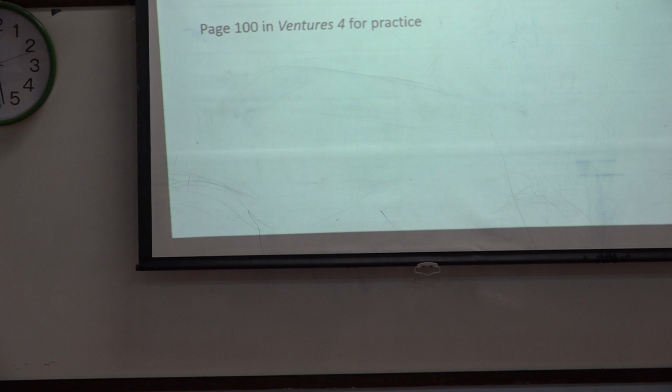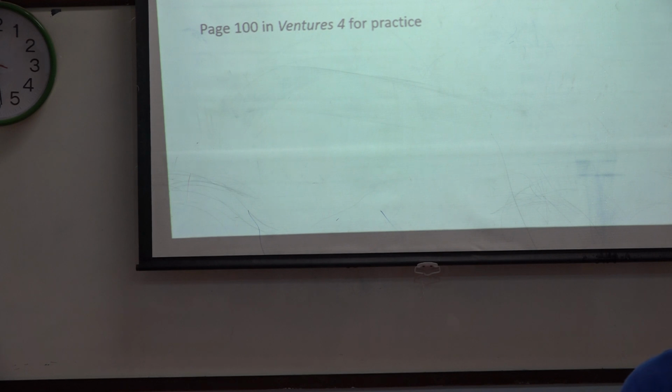Okay? So we're going to look at page 100. You can see what we're doing here. We're going to turn the second sentence. In the second sentence, we're going to use a participle as an adjective, but we'll have to decide whether it's going to have an ed on the end of it, or whether it's going to have an ing on the end of it.